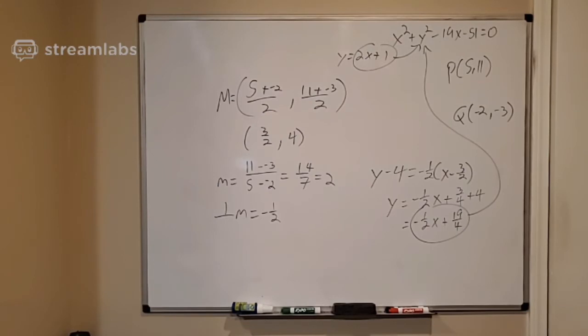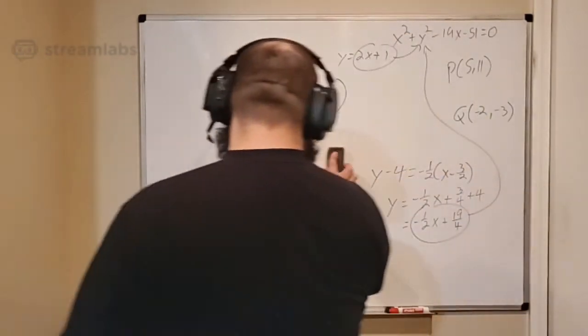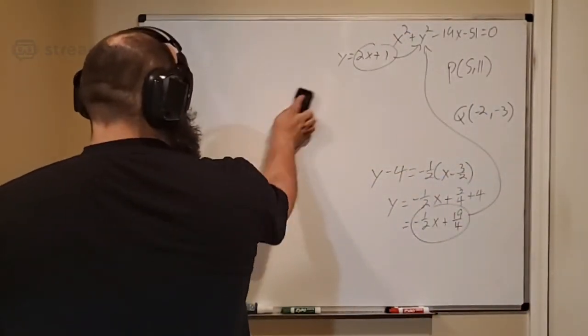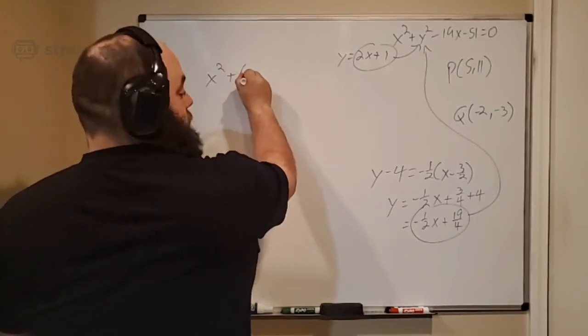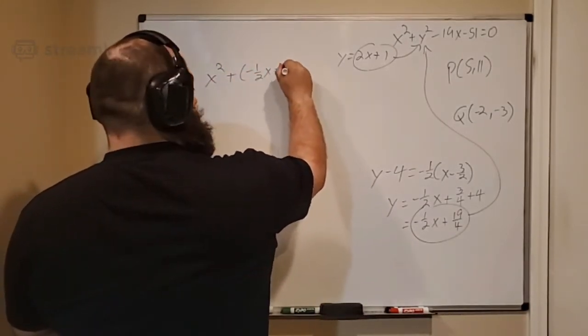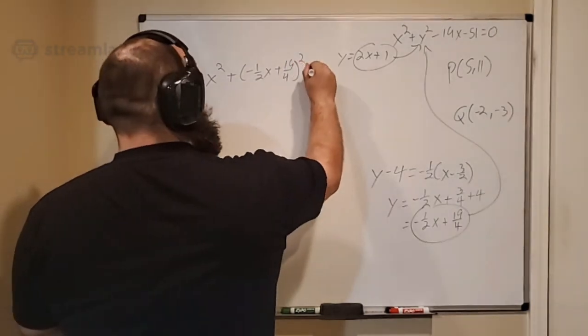Do I need to do that for anybody? Yeah. So you get x squared plus, minus 51 equals 0.